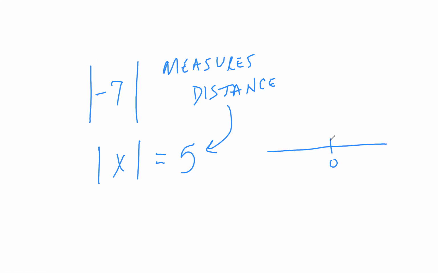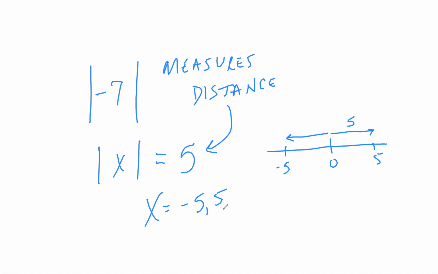So if I start at 0, what numbers are 5 units from 0? Well, if I go 5 units this way, I get the number 5. But I can also go 5 units this way. It's the same distance. Distance doesn't matter whether we go left or right. But what do I end up with here? Negative 5. So when we have a question like this, we want to say x equals negative 5 or 5.